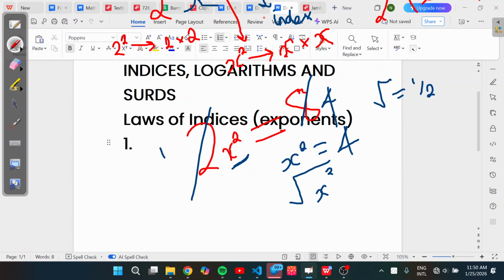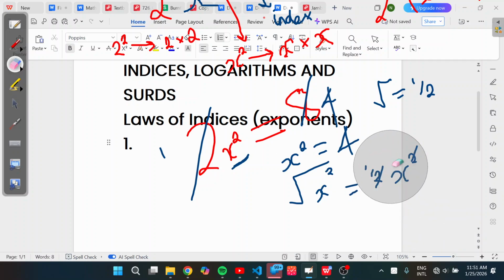If we take the square root of this, we're just saying that this is 1 over 2. So essentially, when you do something like this, it actually means 1 over 2 over here, x squared, and then these 2s are cancelling out. Remember, it's like the inverse. I hope you understand that.